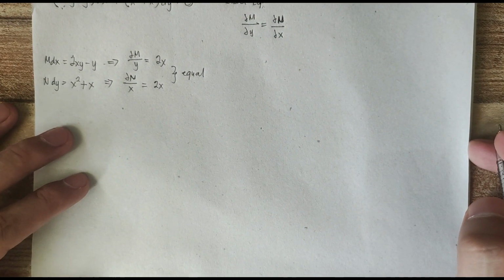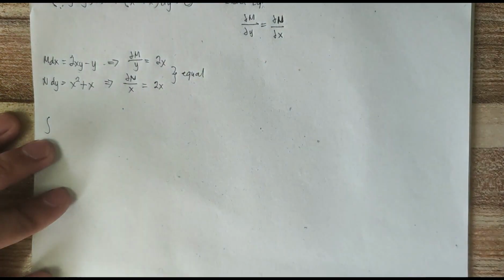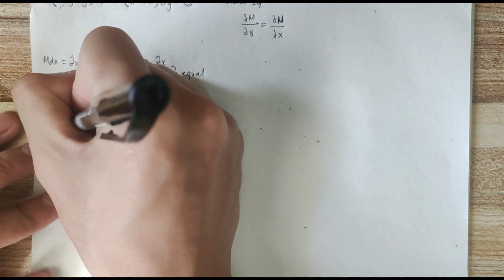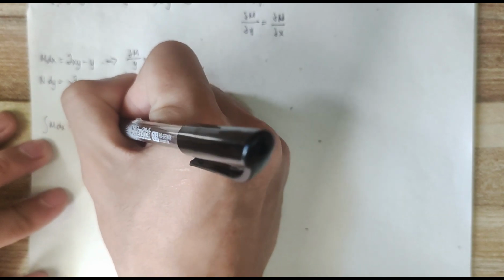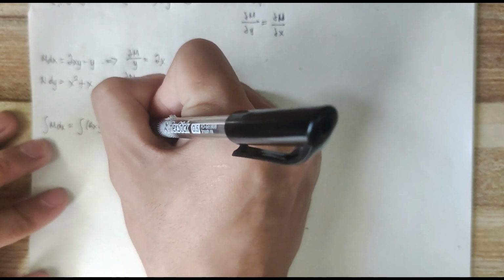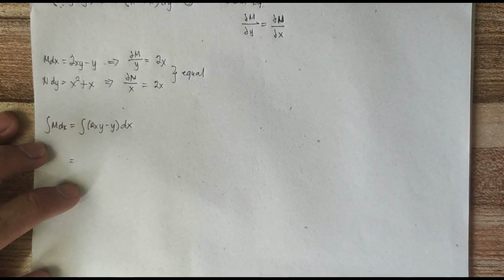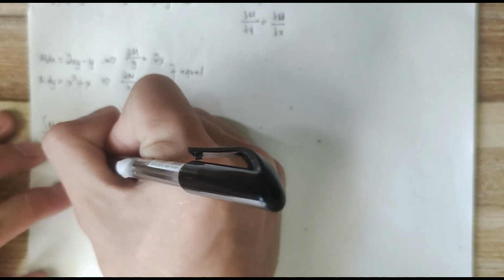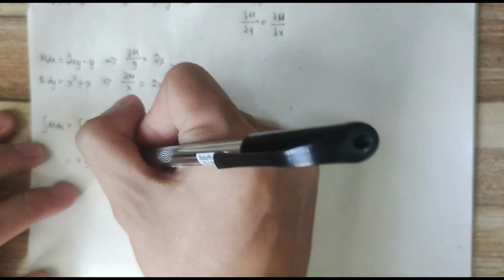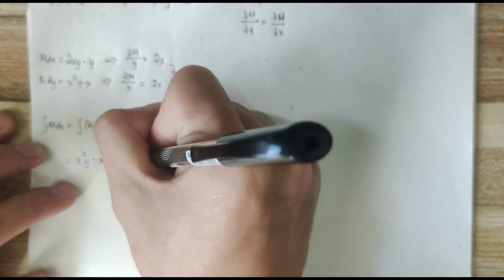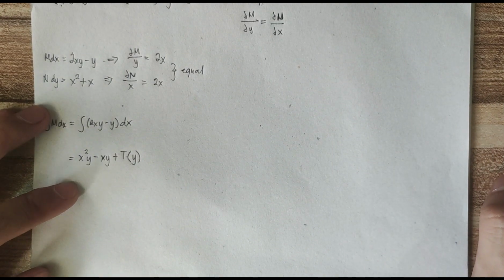At this juncture, I tend to use M dx for the integral. The integral of M dx equals the integral of the quantity 2xy minus y dx, which is x squared y minus xy plus t of y, as an indication of our N dy.